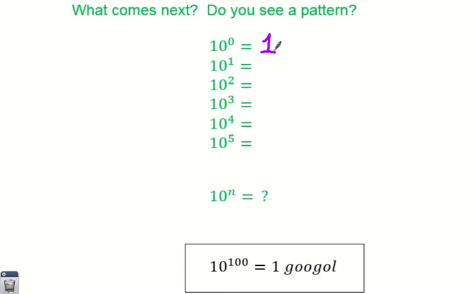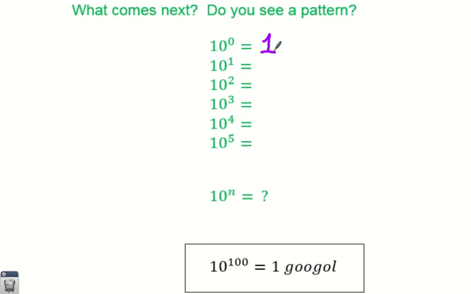Anything to the 0 power will get you 1. That's something we're going to officially learn later on in this chapter, that anything to the 0 power is just 1. Even x to the 0 power is just going to be 1.